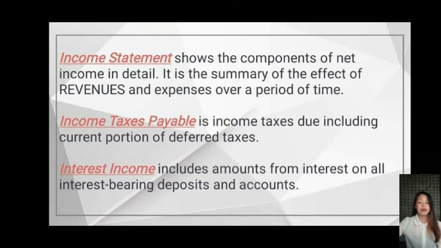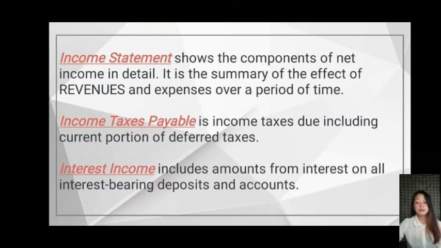So next is interest income. Interest income includes amounts from interest on all interest-bearing deposits and accounts. So interest income is the amount paid to an entity for lending its money or letting another entity use its funds.